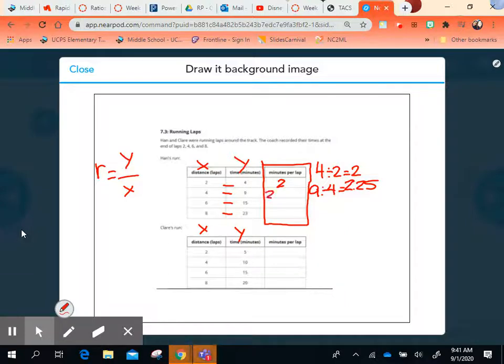So I'm going to write it in here. What about 15 divided by 6? 2.5. And 23 divided by 8. 3.87?